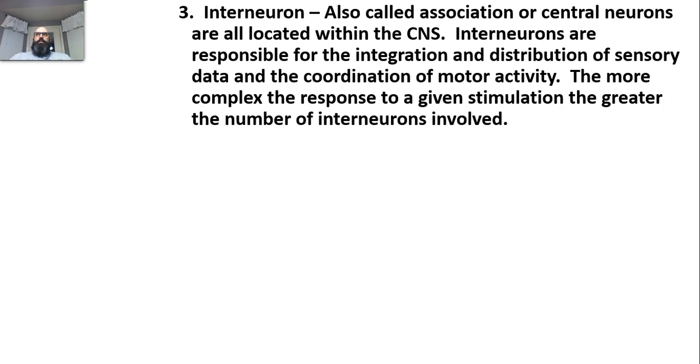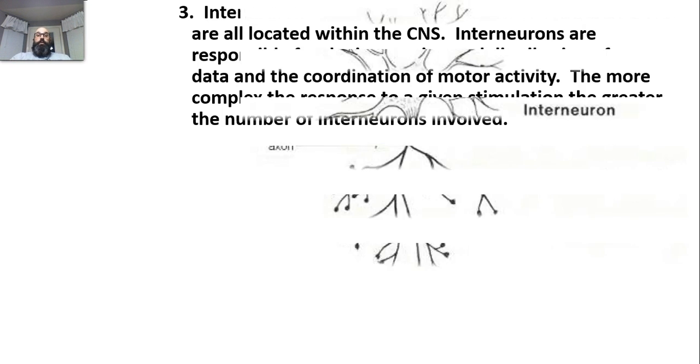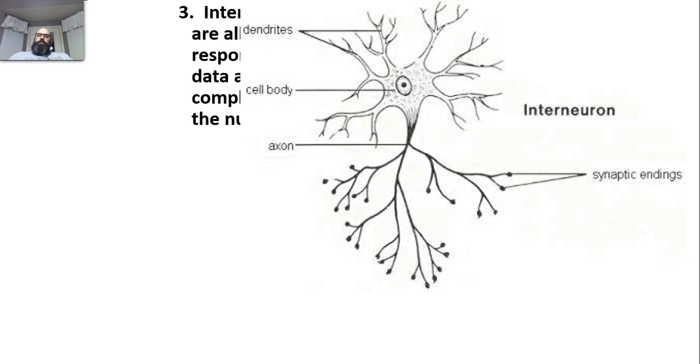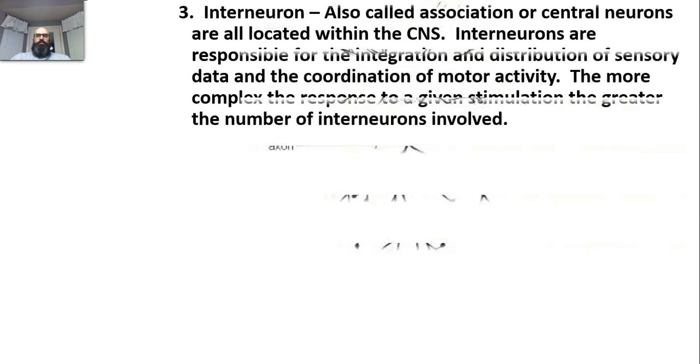While that information is sent through sensory neurons to your central nervous system, then your central nervous system sends a signal back out through your motor neurons, but those interneurons, since you have to lift your foot, balance, there's coordination, there's staying standing, all of those things happen, there's more and more interneurons of the central nervous system involved. And you'll also notice that these tend to look like anaxonic neurons.